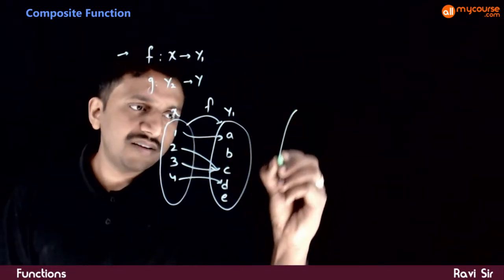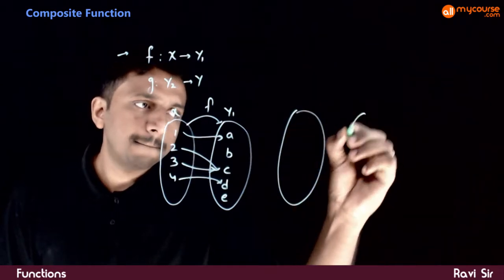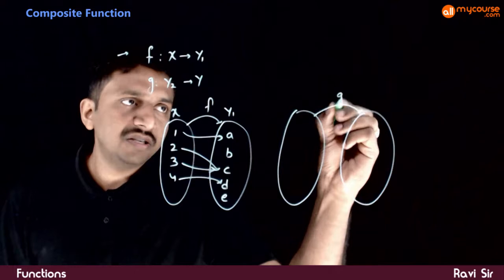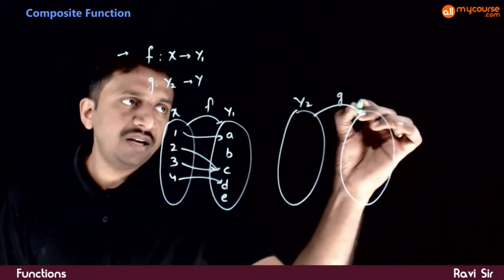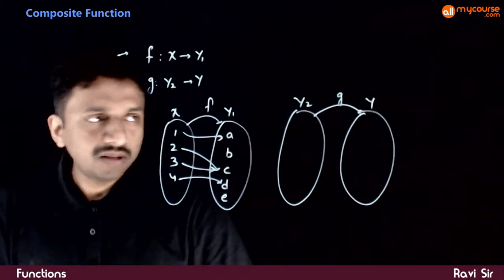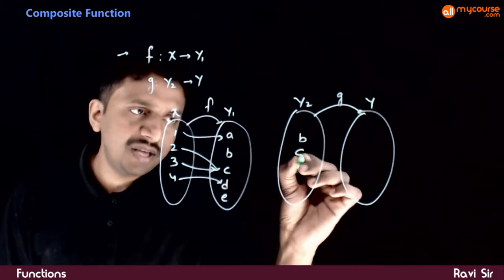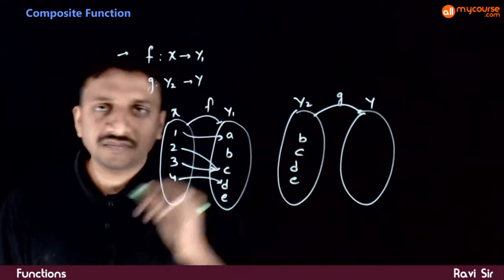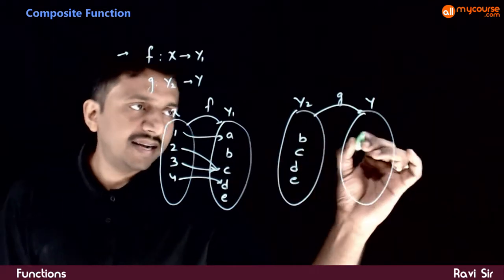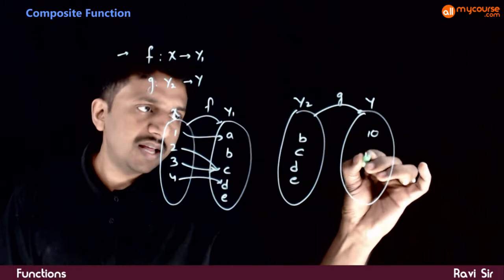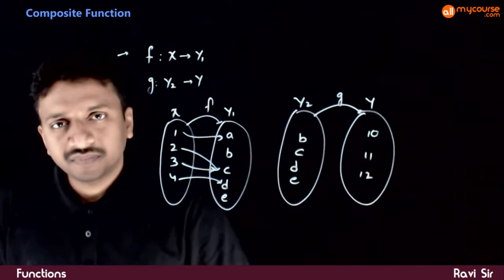Next, let us take a function g defined from y2 to y. So let y2 be the set containing b, c, d, e, 4 elements, and here you have 10, 11 and 12.